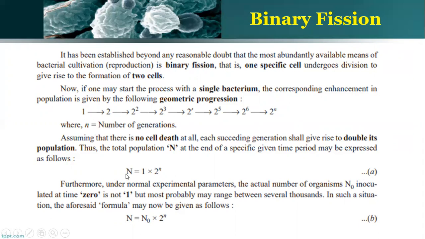N is the total population, the total population that has been formed during the growth of the bacteria in the medium. That is, the total population N is equal to 1 into 2 power n. 1 is the initial population, considering one organism inoculated in the medium. 2 power n is the number of generations.